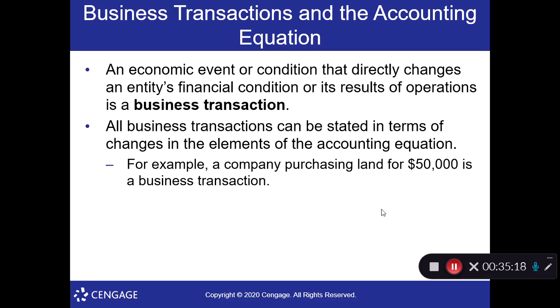So business transactions are anything that impacts the financial condition or operations of a business. We used the example of purchasing a building with cash in our first video, and here they're saying a simple business transaction would be a company purchasing land.